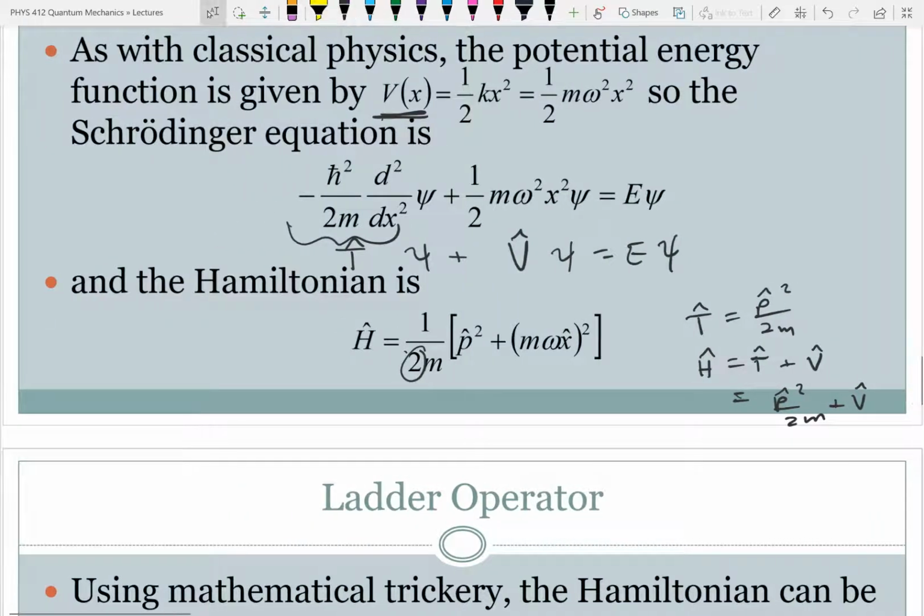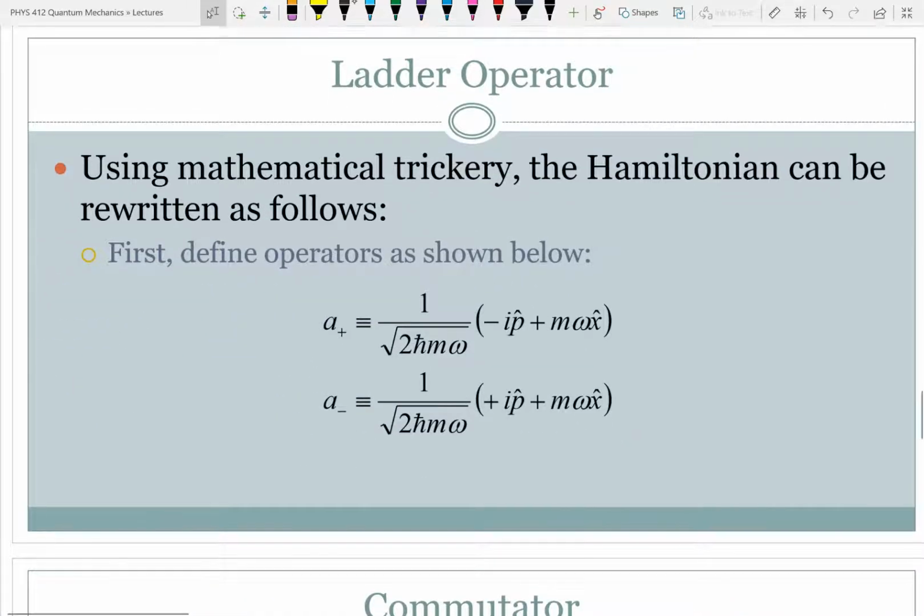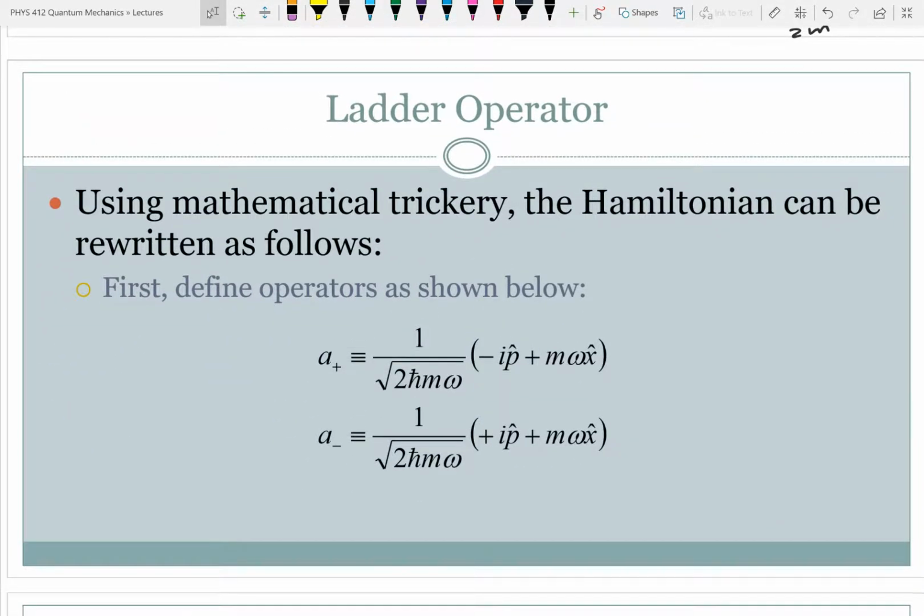Now comes what I consider a true walk on the wild side. I wrote here, using mathematical trickery, the Hamiltonian can be written as, we have to first define these two new operators, A plus and A minus. And this is where, when I was taught this, I was like, why?